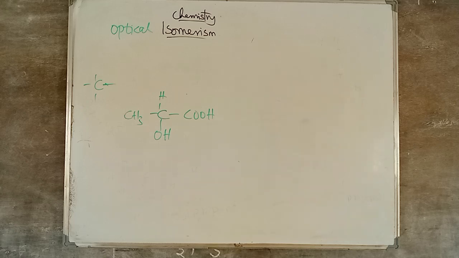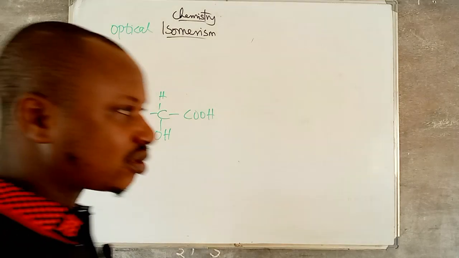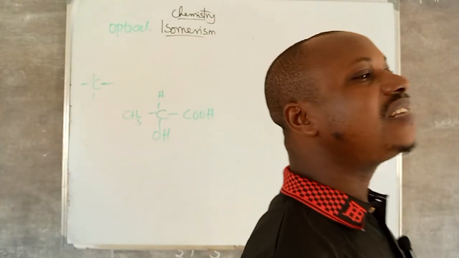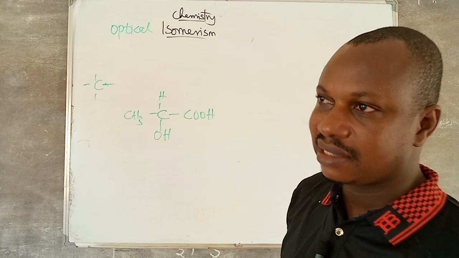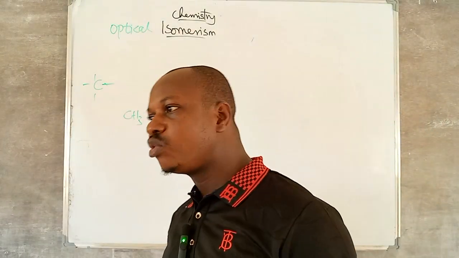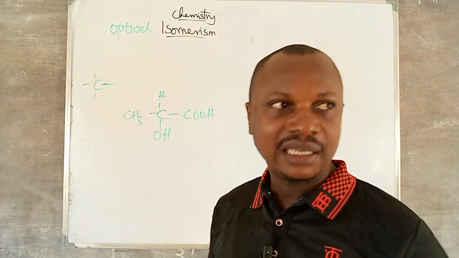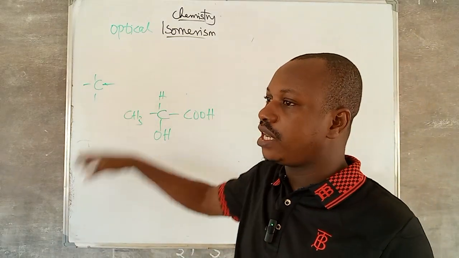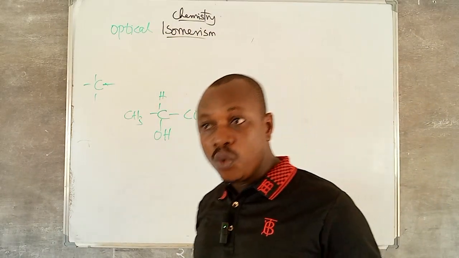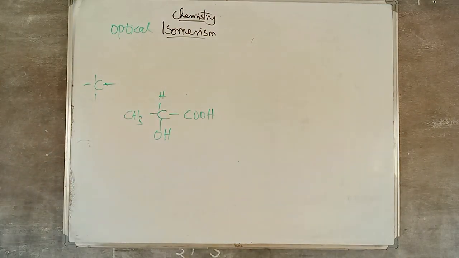And for a compound to be optically active, that is, to be able to rotate plane polarized light, it must have a carbon atom surrounded by four different groups. Wait for optical isomerism in detail in our subsequent videos.